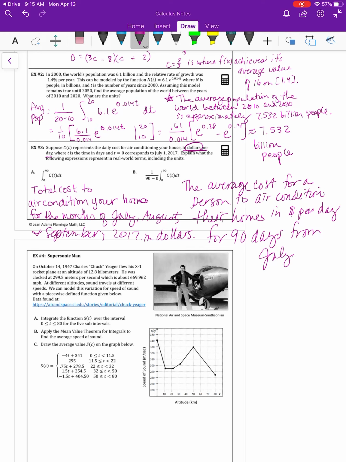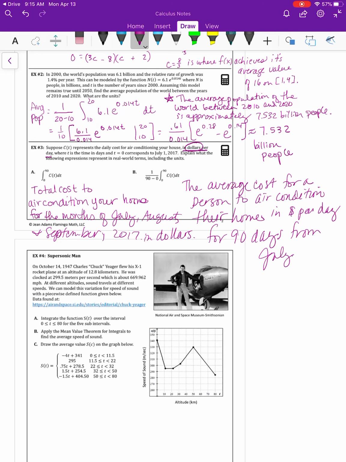And then that very last piece from 50 to 80, negative 1.5t plus 404.50 dt. So this one's going to be negative 1.5 divided by 2 t squared plus 404.50 t from 50 to 80.